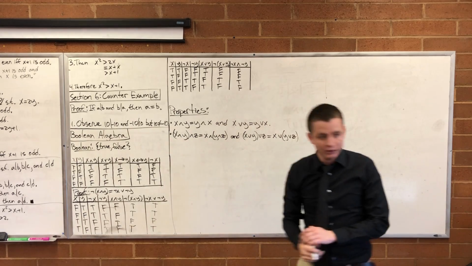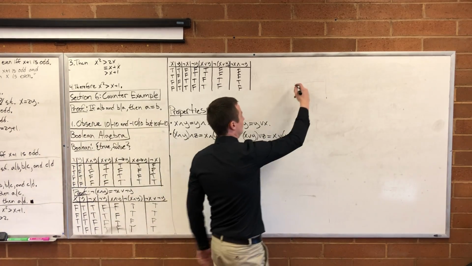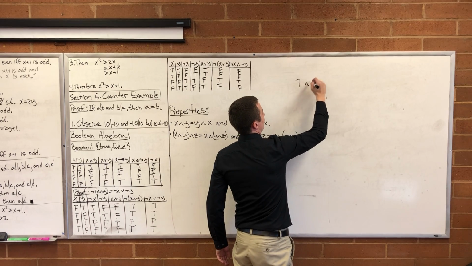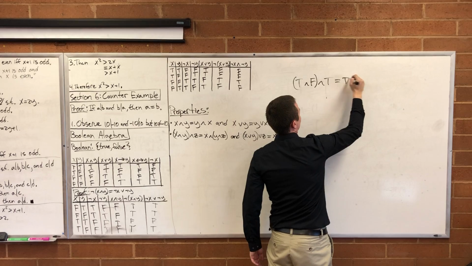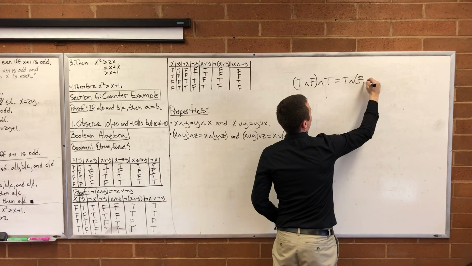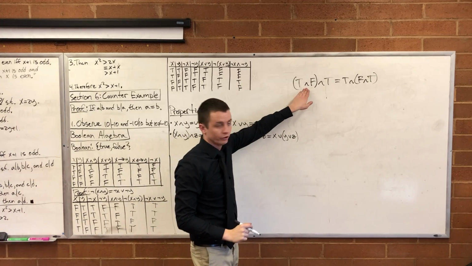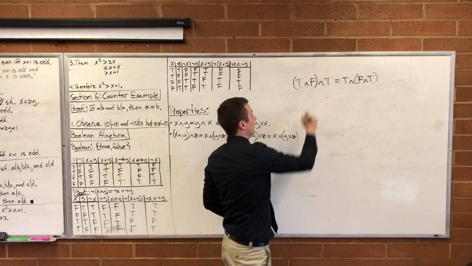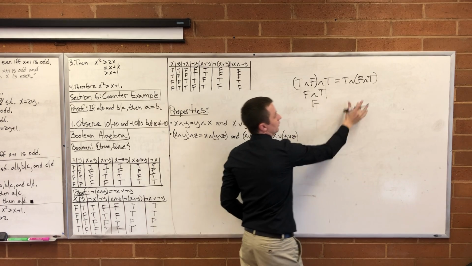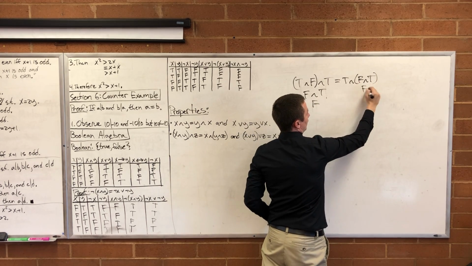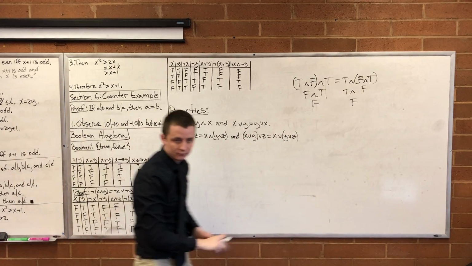Similarly with the or. So let's plug in an example with actual values to see it in action. In other words, I'm saying (true and false) and true is the same thing as true and (false and true). What's true and false? False. False and true, and that is false. Same thing over here, false and true is false. And true and false still gives me false. Same thing. Okay.